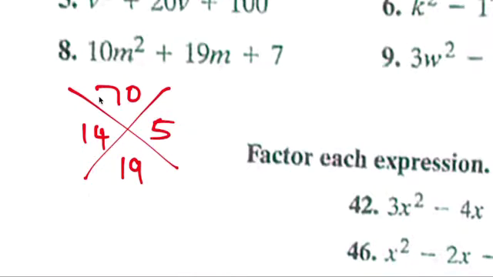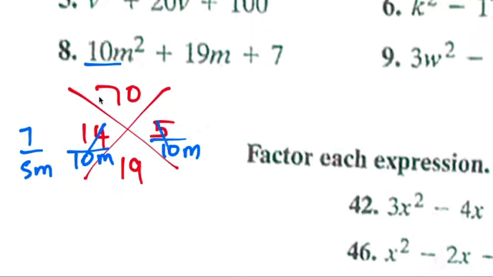And 5, they're both positive because you add up to that. Okay. And then you divide by the leading coefficient of 10. Put an m there. And you can simplify that to 7 over 5m. Simplify that. And then your answer is 5m plus 7.